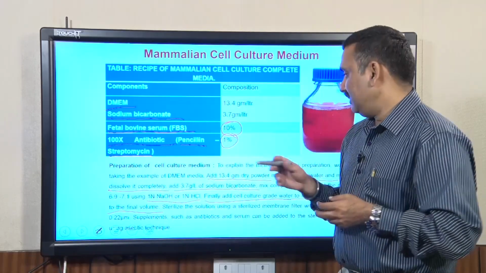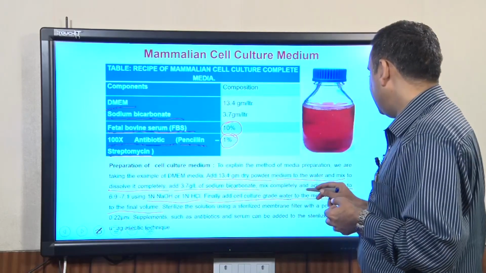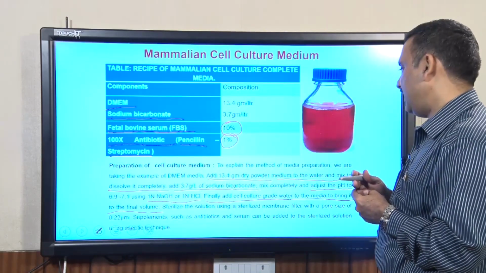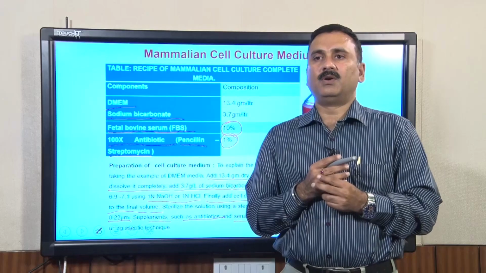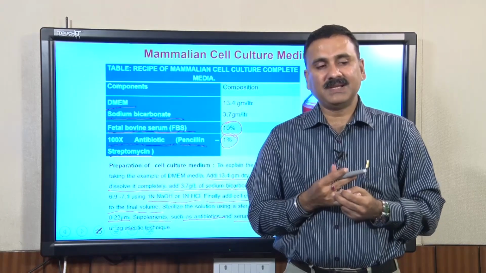Because of that, the media needs to be sterilized using a membrane filter of 0.22 micrometer. Once you have the sterile media, you can add supplements such as antibiotics and serum, and that will give you the sterilized mammalian cell culture media for the propagation of your mammalian cells.